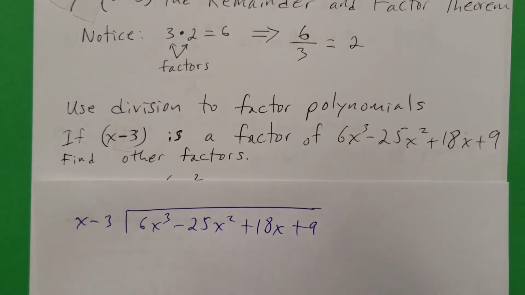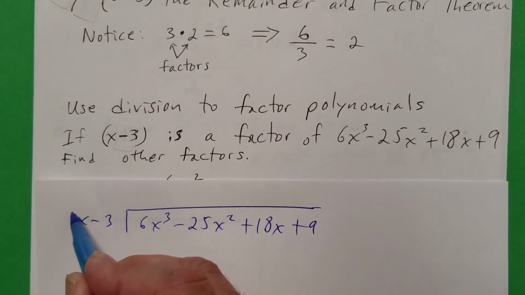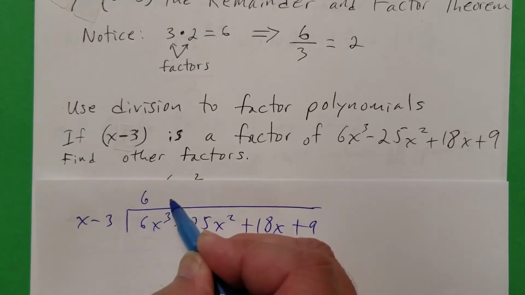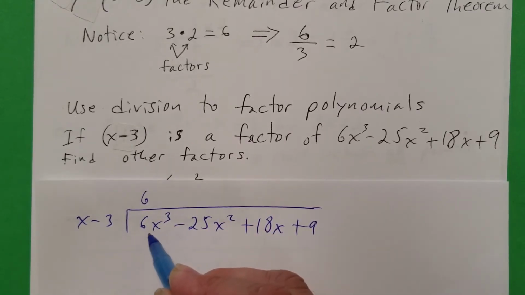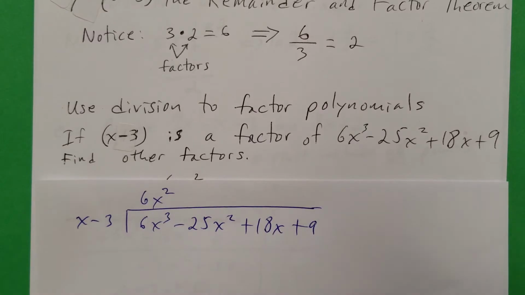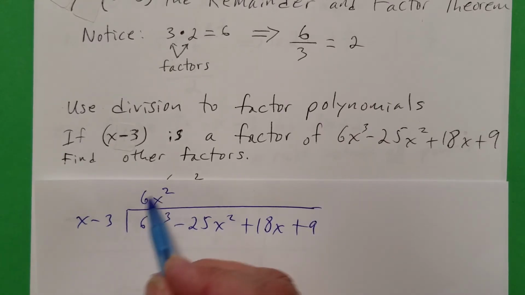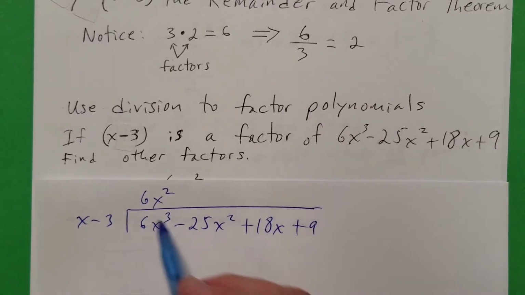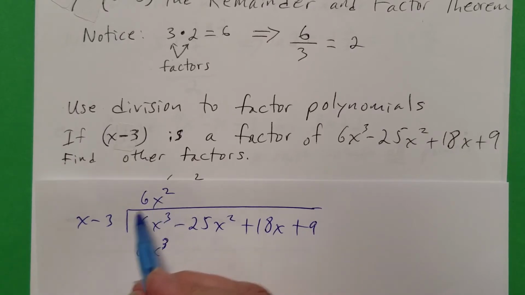Okay, so what is x into 6x to the third, right? Well, this is a 1 here, so 1 into 6 is 6. X into x to the third is x squared. Okay? Now we want to see if I multiply these, what's left over so I can move it on. So 6x squared times x is 6x to the third. And then 6x squared times negative 3 is negative 18x squared.